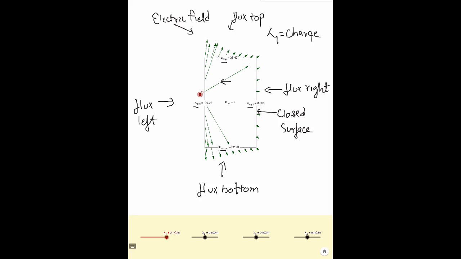Then you see there is flux coming out from the top, flux coming out from the right, flux coming out from the bottom, but there is flux going in from the left. That is the interesting point. Now if I add all of them, what I essentially get is 0.